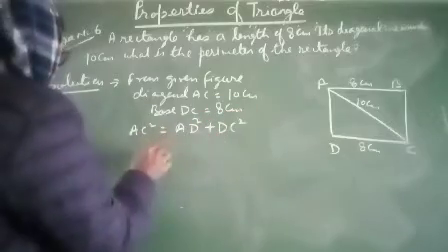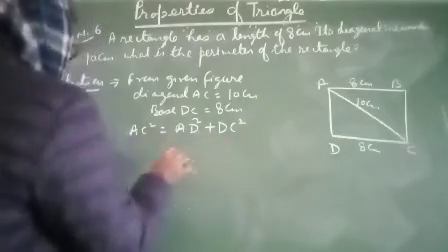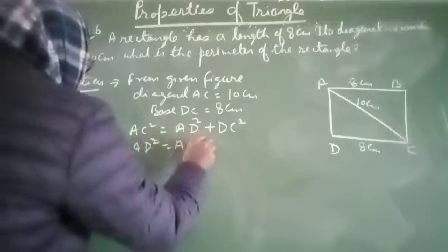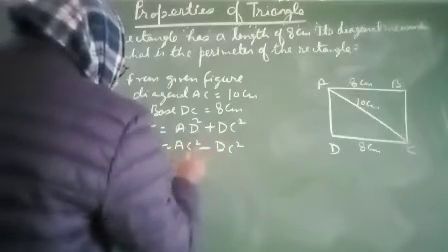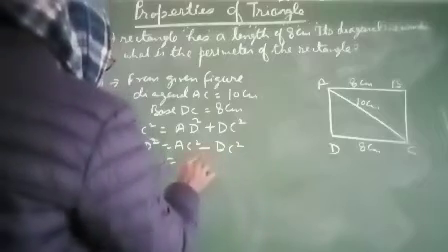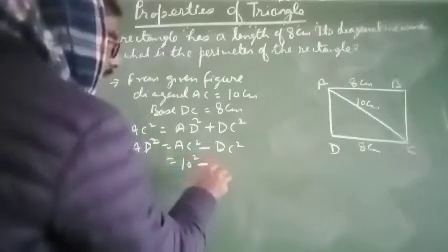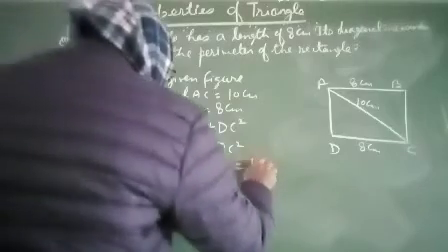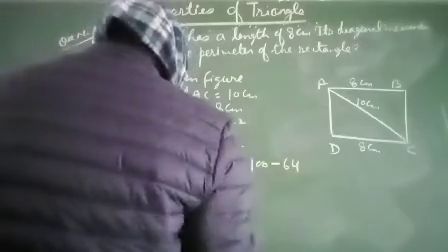So we have to find out AD. Therefore AD square equal AC square minus DC square. AC is 10, therefore 10 square minus 8 square equal 100 minus 64.